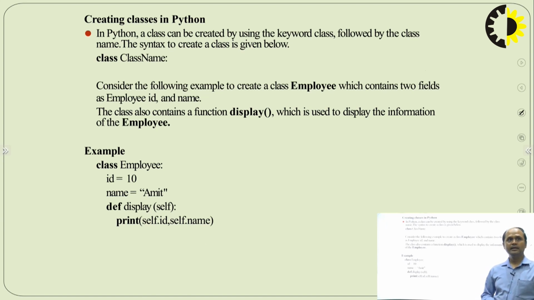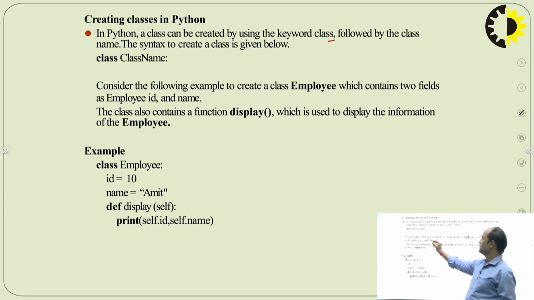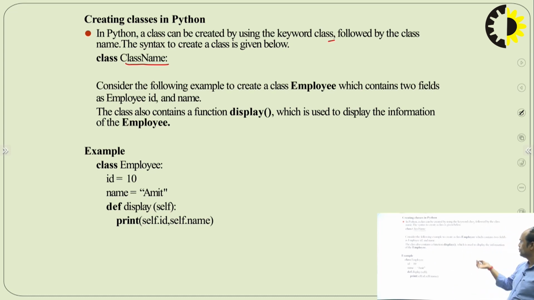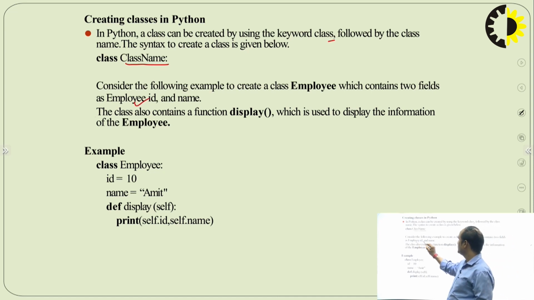In the basic architecture of the class, in Python we create a class by using the keyword class, and then we specify the class name. Suppose we create a class of employee. So we create the employee class with particular fields. One field is employee ID, another field is name.